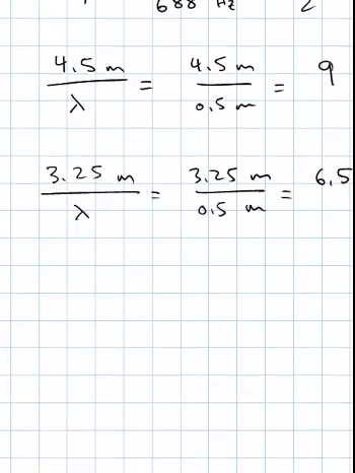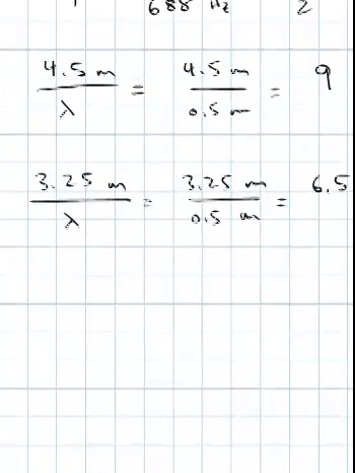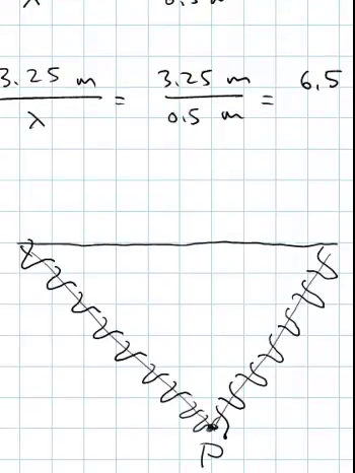Let me try to draw that for you. I'm going to pause the tape and try to draw that for you so you get a more visual representation. Okay, let's try this. So first I've sort of drawn the triangle here.